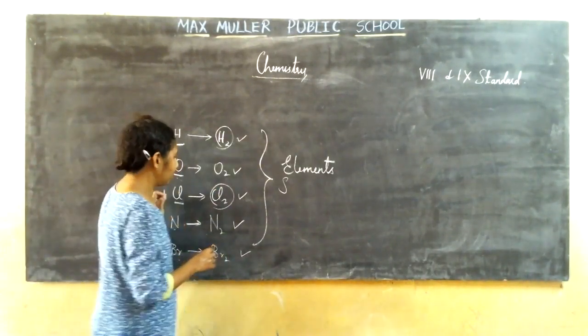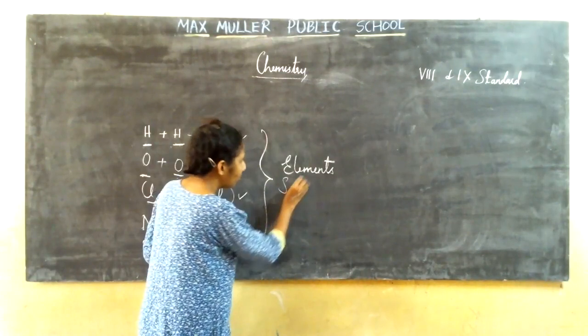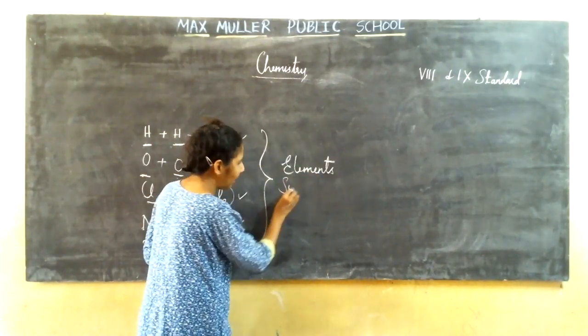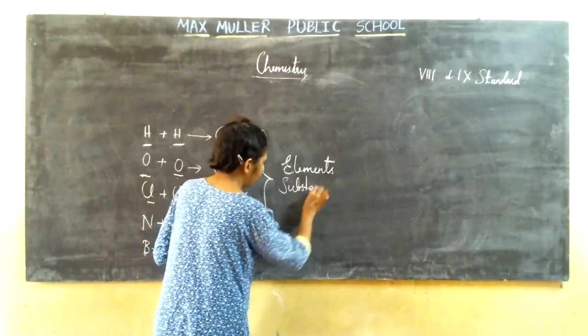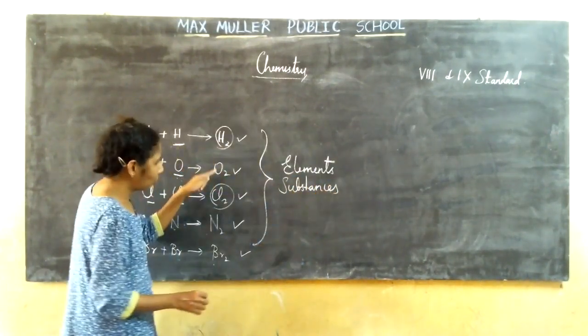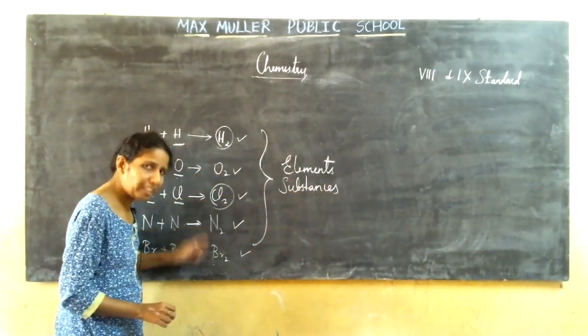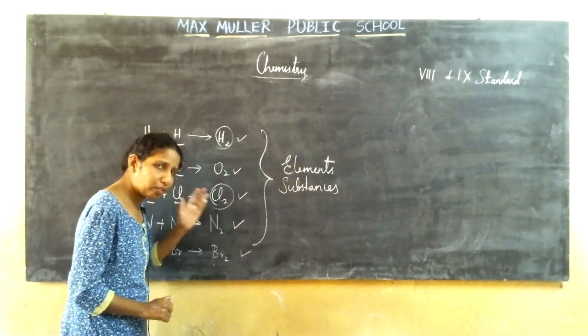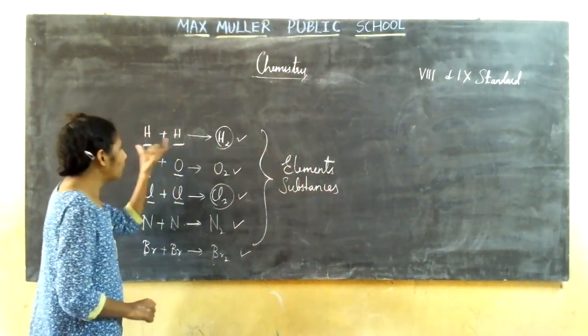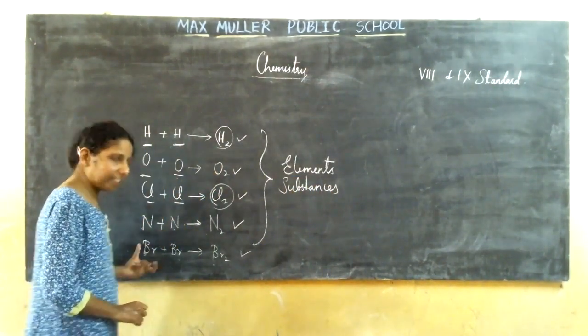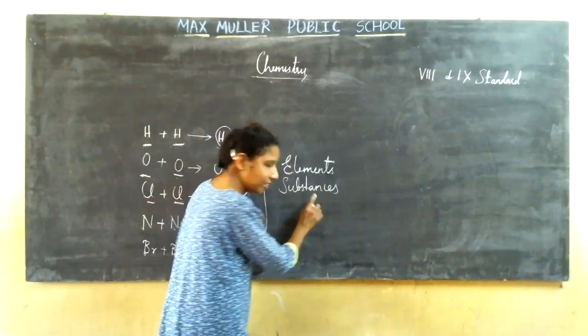So what are elements? Hydrogen, oxygen, chlorine, nitrogen, bromine are nothing but examples of elements, which are made up of the same kinds of atoms. So what are elements?